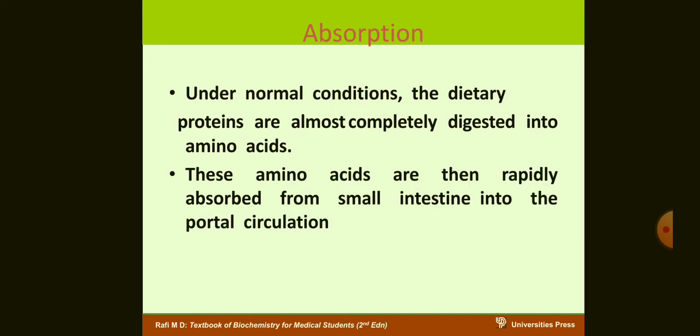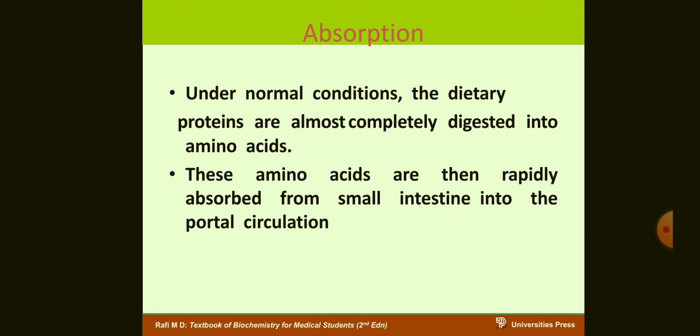Then we go to the next stage of digestion, which is absorption of these amino acids. From the action of these enzymes, that is pepsin, trypsin, chymotrypsin, elastase, and carboxypeptidase, we get a good amount of protein converted into a mixture of amino acids.